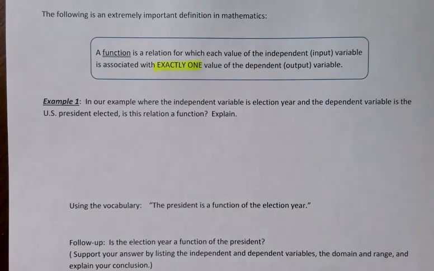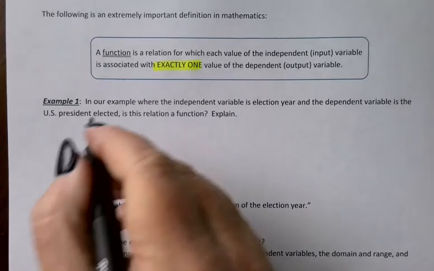In our examples with electing U.S. presidents, we want to think about whether or not that relation was a function. In fact, I'm going to say yes, and the reason is this. If I give you a particular election year, there was only one president elected during that year. And there are no exceptions to that, right?